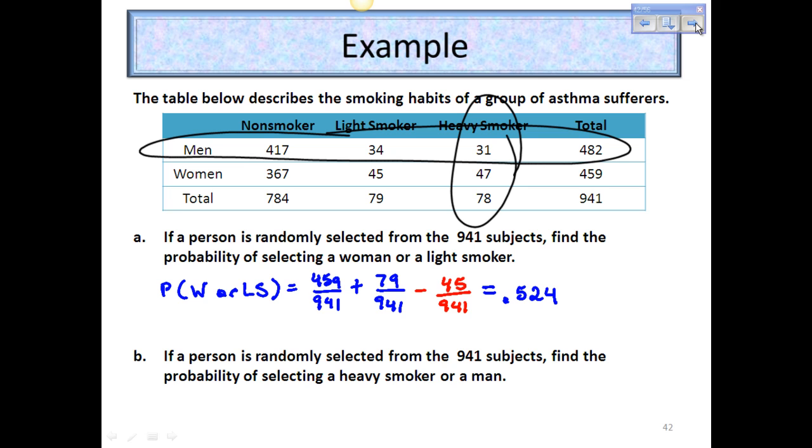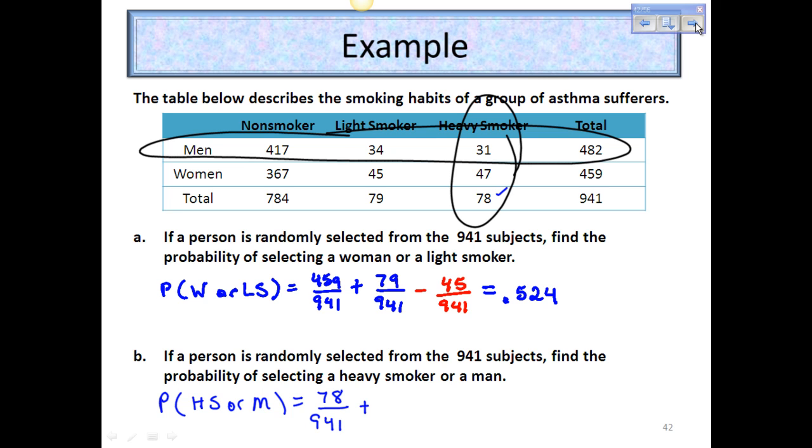We see they overlap, so we're going to have to do another subtraction. So the probability of heavy smokers or men: probability of heavy smokers, 78, because there's a total of 78 heavy smokers over 941.